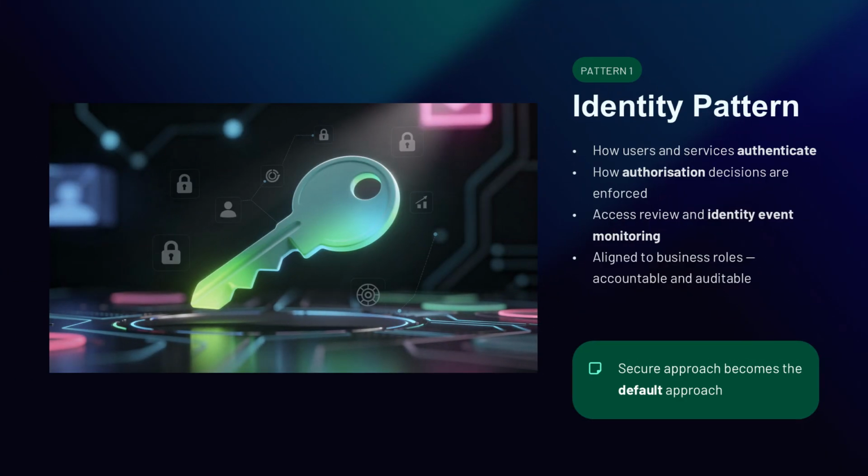With adoption as your goal, you begin with identity because identity is the control plane of modern enterprises. An identity pattern clarifies how users and services authenticate, how authorization decisions are enforced, how access is reviewed, and how identity events are monitored.